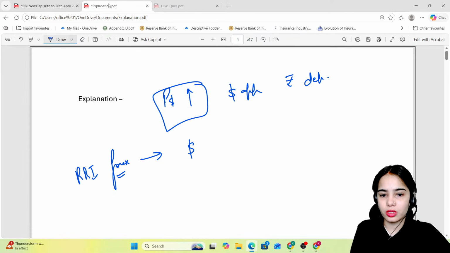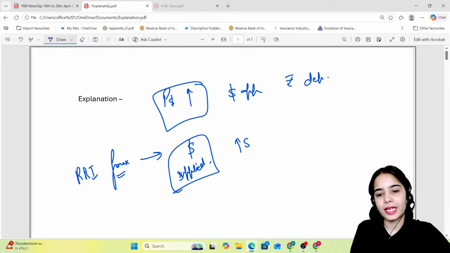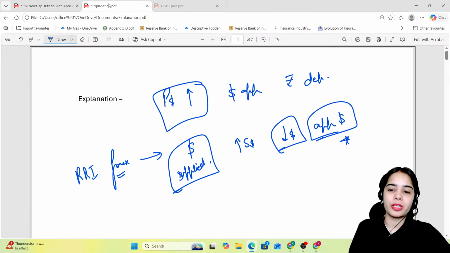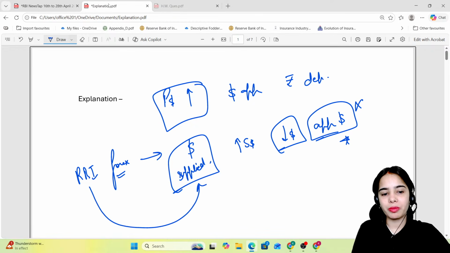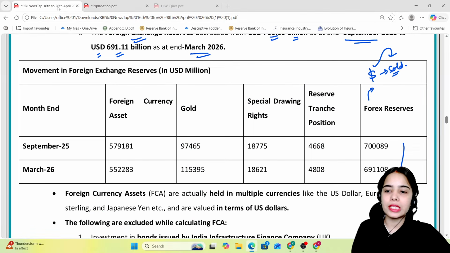With a higher supply of dollars, the price of dollars will reduce and the appreciation of the dollar will stop or reduce. That is why the foreign exchange reserves have decreased from September 2025 to March 2026.